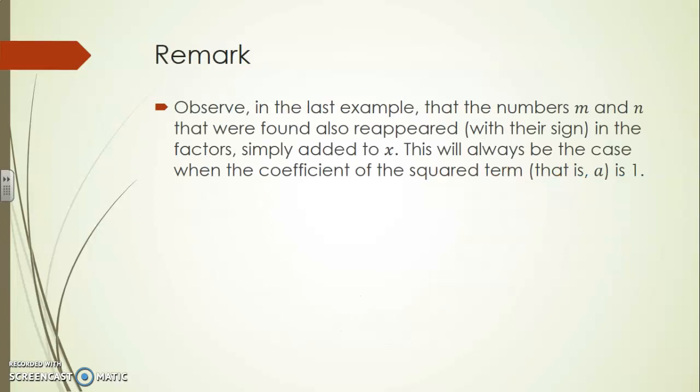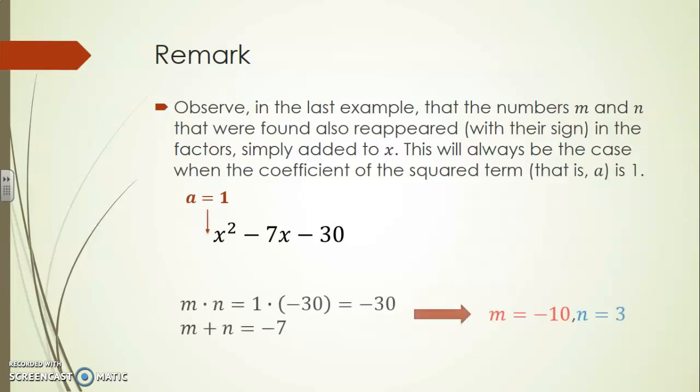Observe how in the last example, the numbers m and n that we found also reappeared with their sign in the factors, simply added to x. This will always be the case when the coefficient of the squared term, in other words, the a value, is 1. Looking back at what we did, x squared minus 7x minus 30 has an a value of 1. The sum product method required that we find two numbers, m and n, whose product is minus 30 and whose sum is minus 7.